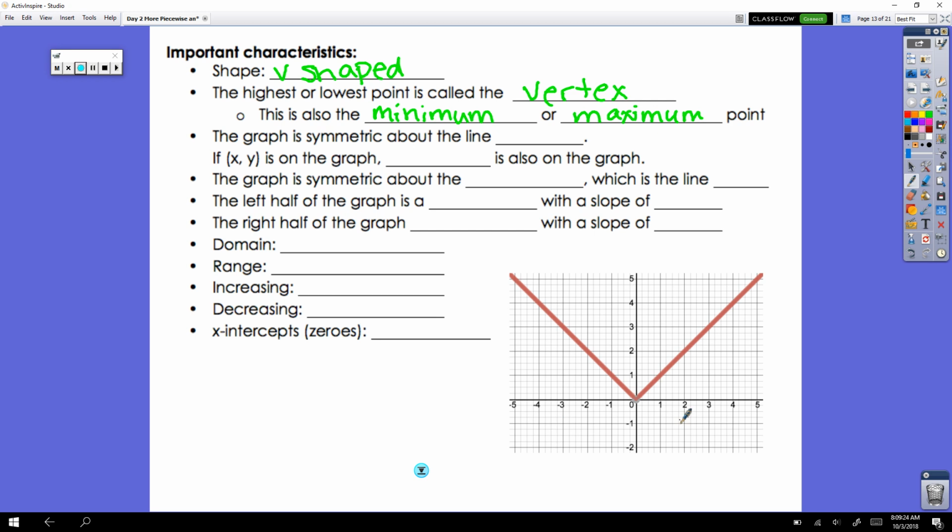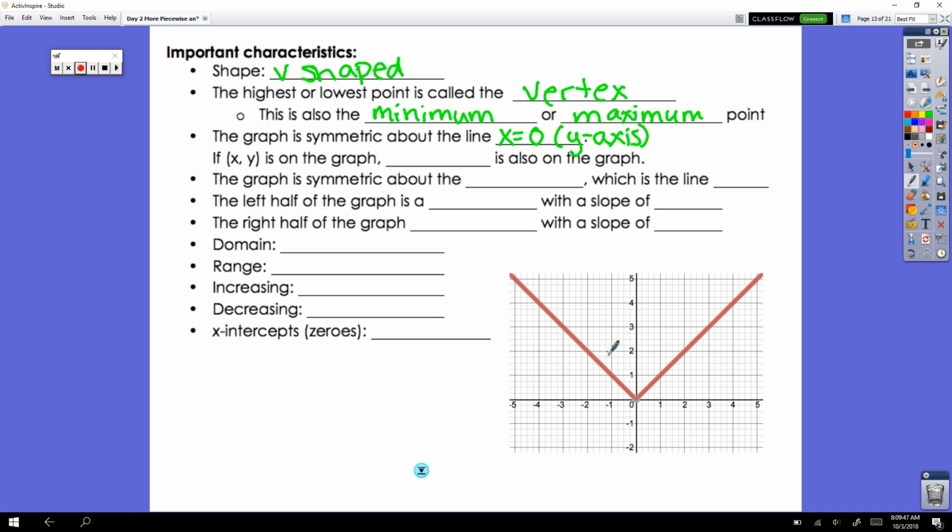The graph is symmetric about the line x equals 0, which we know is also the y-axis, which just means, you see here, that if we were to draw a line right here, which is kind of already drawn for us since it's the y-axis, it splits the function in half and we have two equal parts on either side.